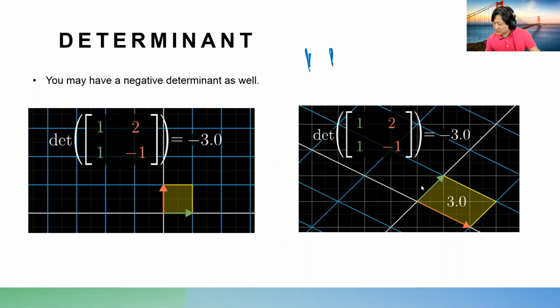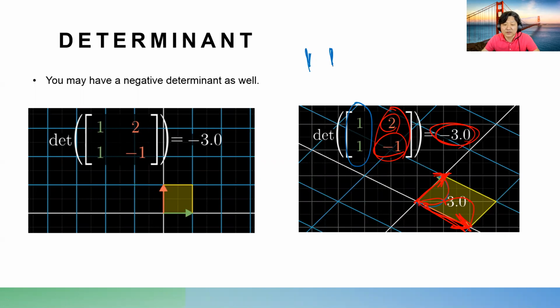But if the direction, in this case, goes 1 and 1, right here, but in this case, 2 and minus 1 goes this way. So if the direction is negative, it can have a negative determinant.